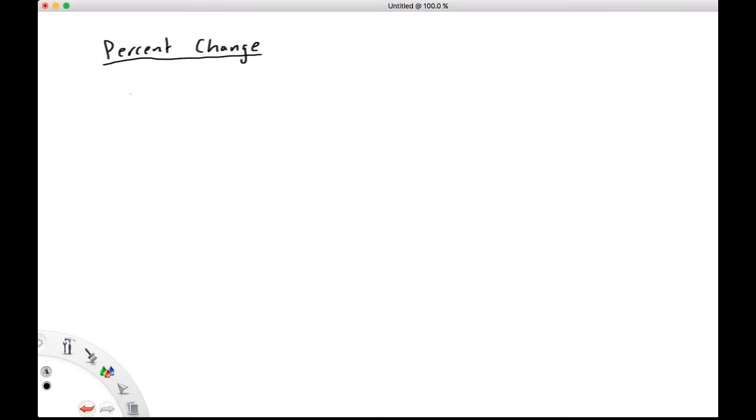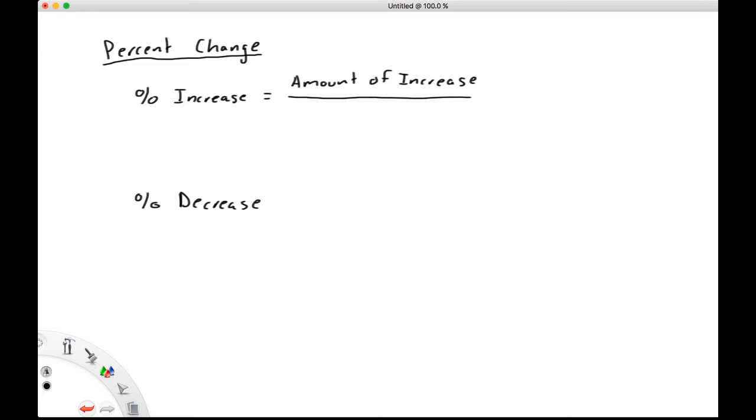So percent change in general, we can break down into two different things. We can talk about it as either a percent increase or a percent decrease. Percent increase is basically the amount of increase, so however much we have tangibly increased by, divided by whatever the original amount was.